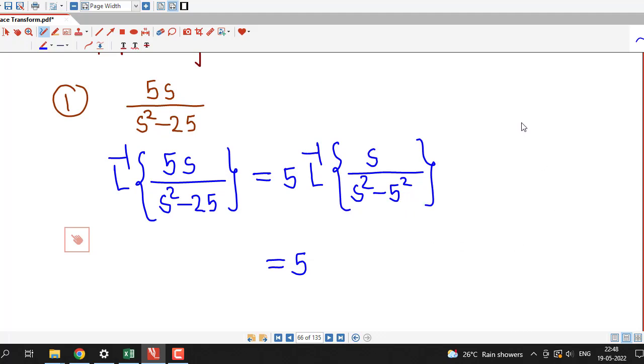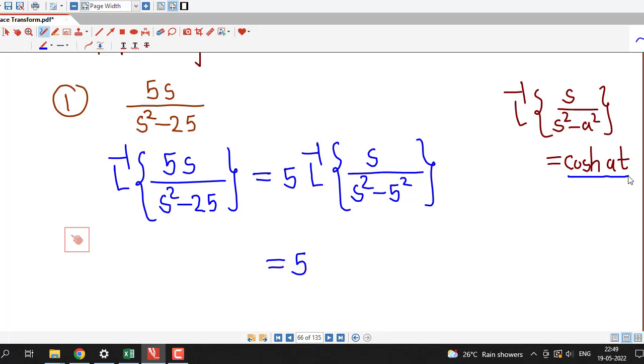If we recall, we had seen this formula in the last lecture that L inverse of s divided by s square minus a square is cos hyperbolic at, because Laplace transform of cos hyperbolic at is s divided by s square minus a square. Therefore, L inverse of s divided by s square minus a square is equal to cos hyperbolic at. So, if we compare with this, a equal to 5, therefore, this is cos hyperbolic 5t.